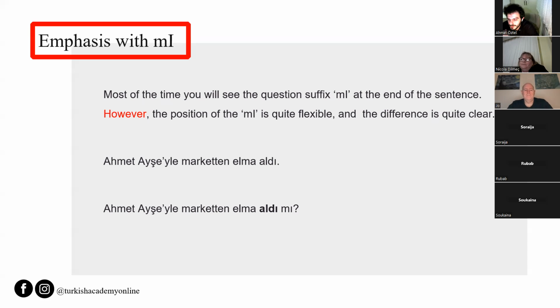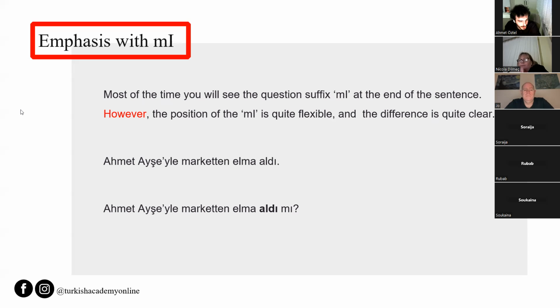This is why I put this topic into A2 level. With the help of mu, we can ask some specific information questions. So mu, normally, we put it at the end of the sentence. This is how we learn in A1 level.